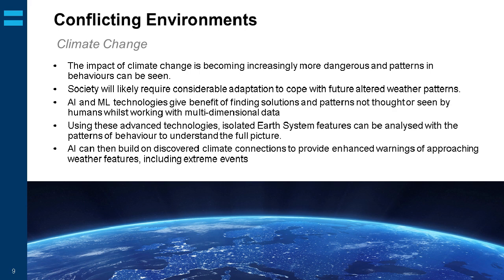Within recent years, the impact of climate change is becoming increasingly more dangerous, and we can start to see that there are new patterns of behavior emerging. And this has been quite deadly. I mean, we've seen lots of wildfires, we've seen these extreme weathers, and we can't really piece together what's going to happen next or why things are happening. And this is an area where AI and ML technologies can give benefit.